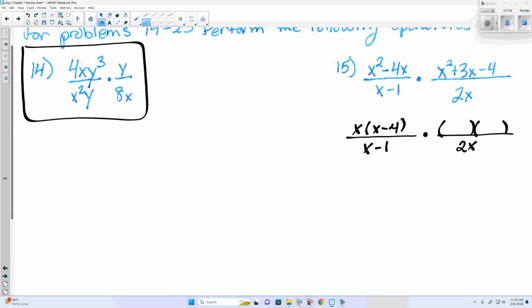Now our last part is our x squared plus 3x minus 4. Since the third term is negative, our signs are opposite, positive and negative. Our factors of x squared are x and x. Those are the only factors of x squared. Then our factors of 4 are 1 and 4 or 2 and 2.